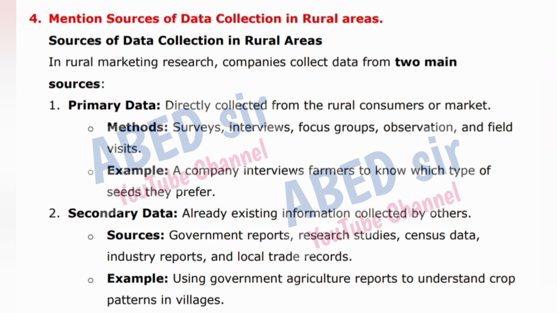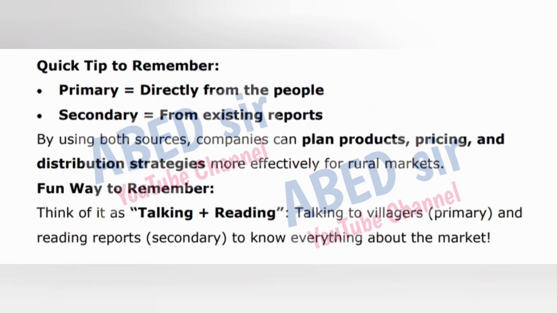2. Secondary data, already existing information collected by others. Sources: government reports, research studies, census data, industry reports, and local trade records. Example: using government agriculture reports to understand crop patterns in villages. Quick tip to remember: primary equals directly from the people; secondary equals from existing reports.